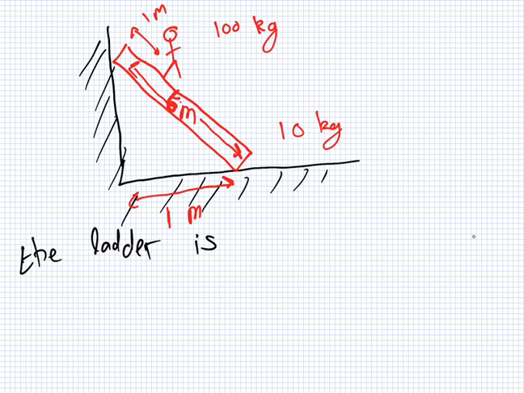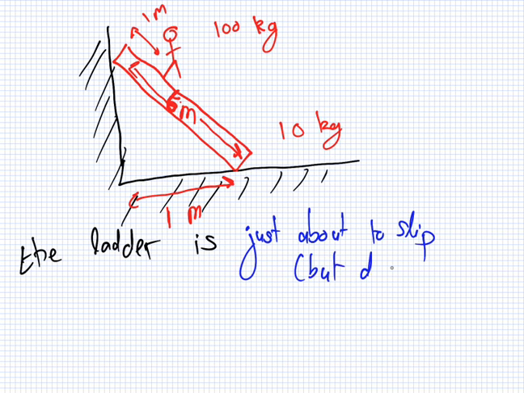Now, what would you say then? Every time we see just, then we just assume that's about to slip. Okay, we'll keep it simple then. The ladder is just about to slip, but does not.